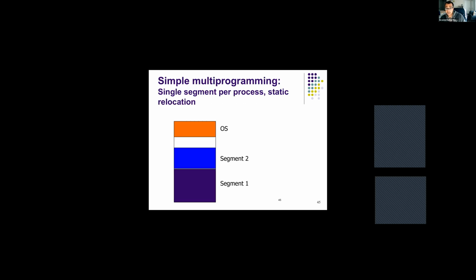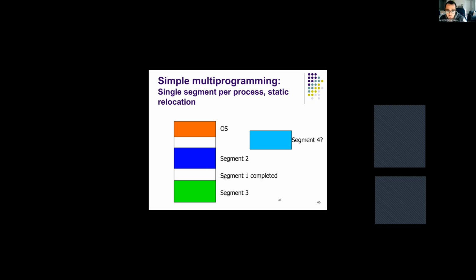So in the case of multi-programming, different processes might stay in memory at the same time. One disadvantage is that these are statically relocated. That means once a program gets loaded at some address X, it cannot be moved around. It has to stay there until the program finishes.